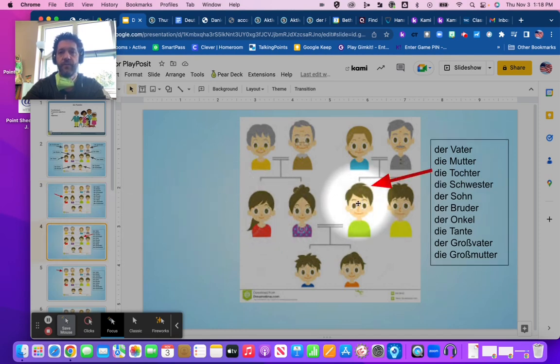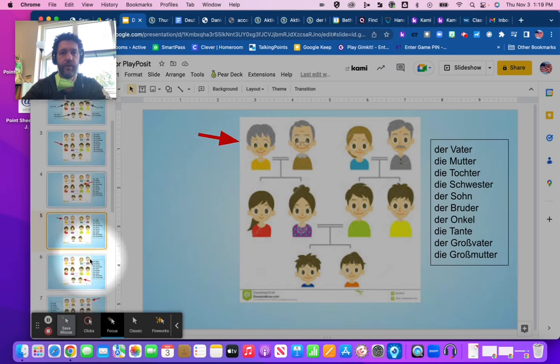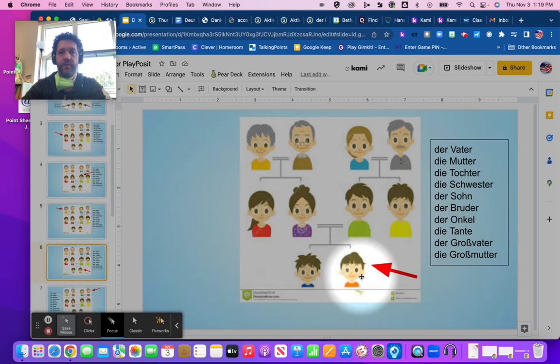Next one. Wer ist er? Who is he? Check all that apply. Und die nächste. Wer ist sie? Who is she? Check all that apply. And the next one. Wer ist sie?